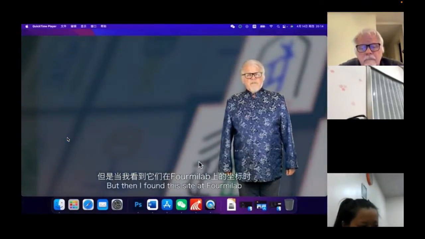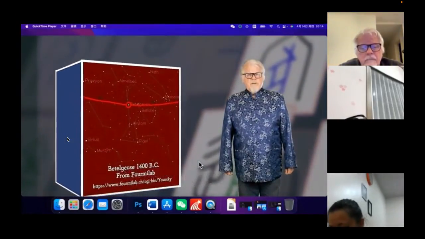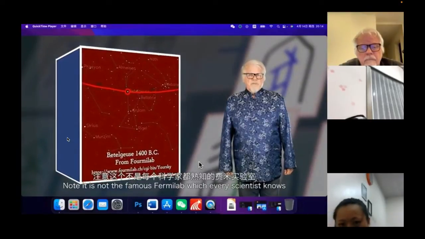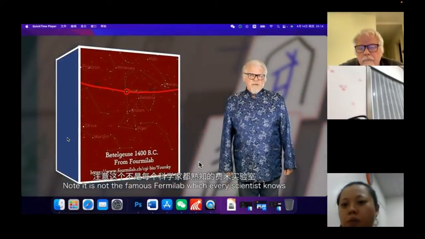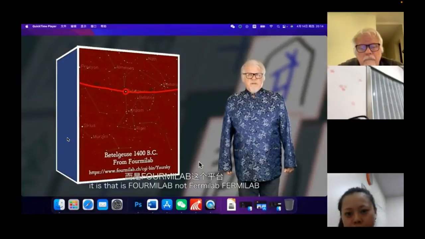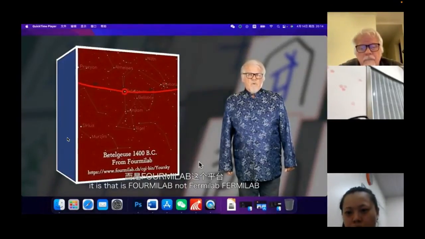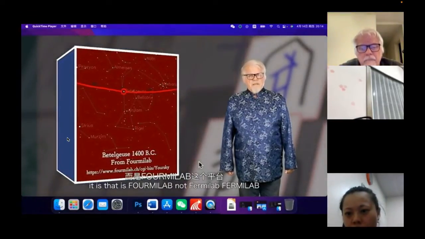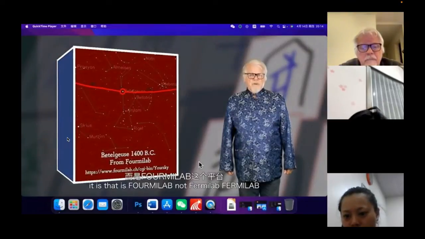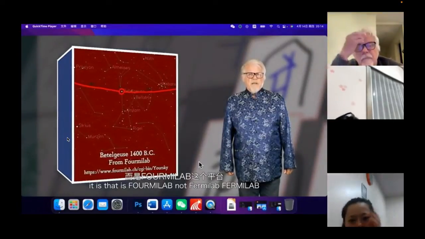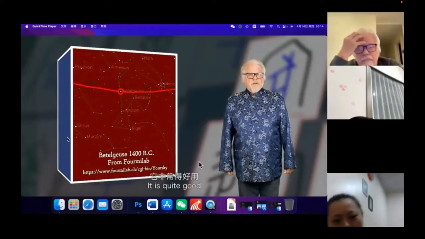But then I found this site at Fourmilab. Note, it is not the famous Fermilab, which every scientist knows. It is Fourmilab, F-O-U-R-M-I-L-A-B, not Fermilab, F-E-R-M-I-L-A-B. It is quite good.